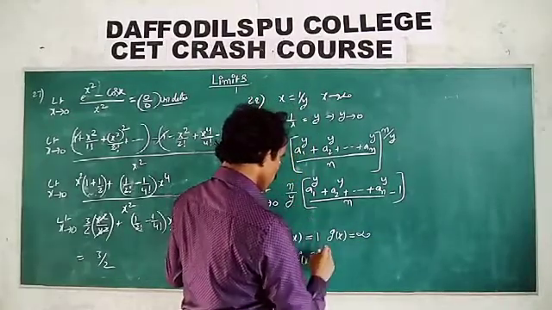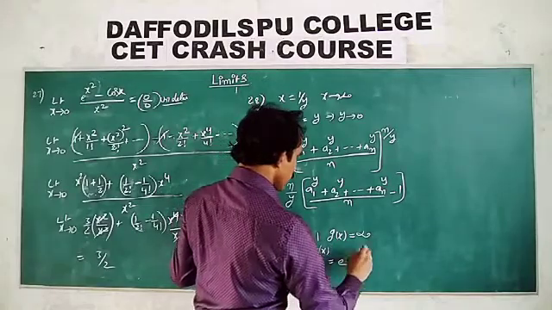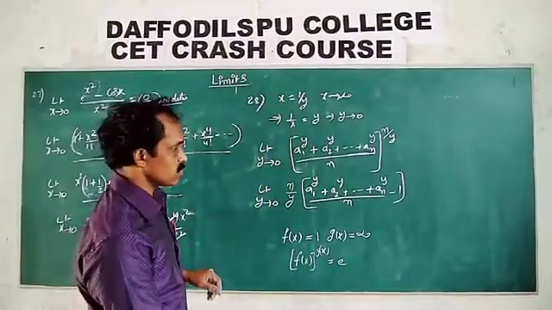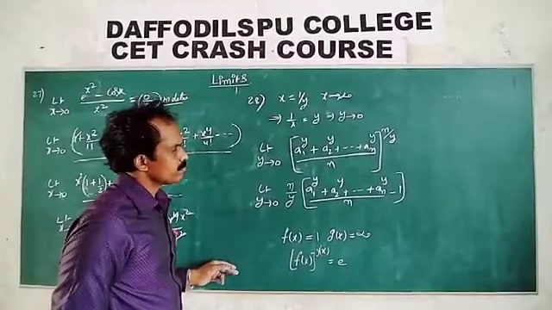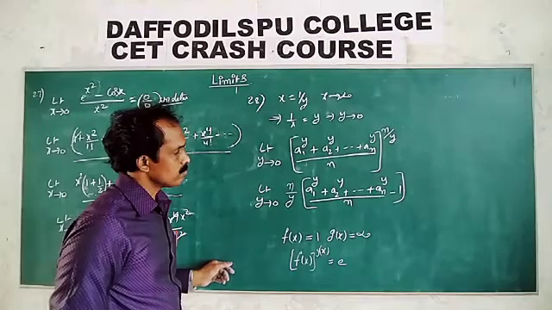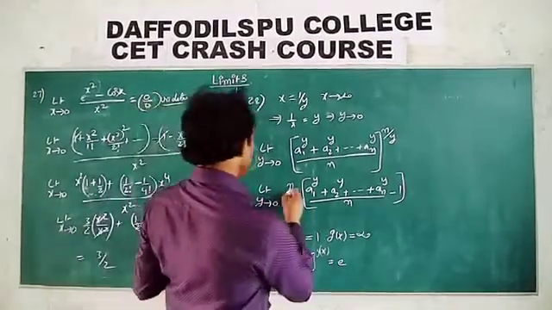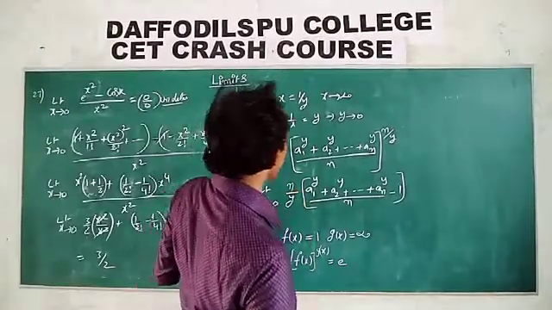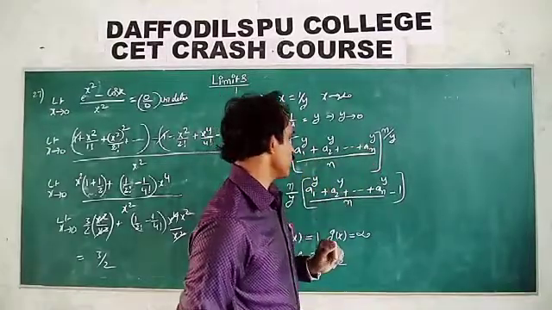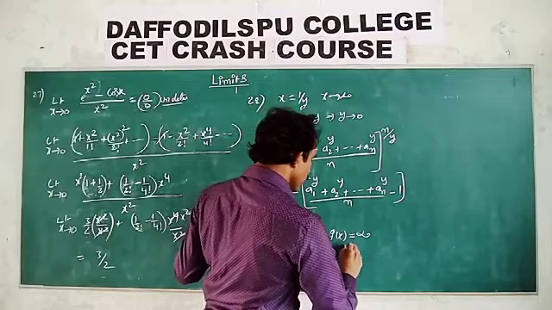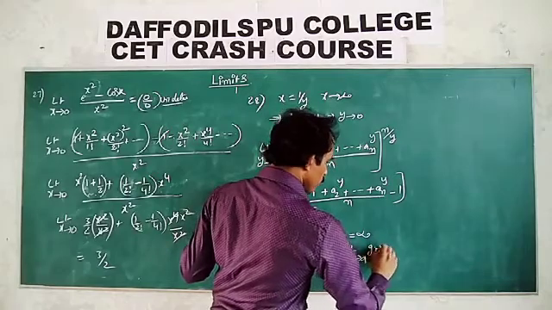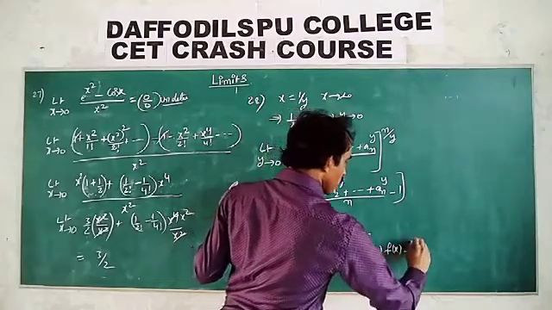Take f of x whole power g of x, then e power limit x tends to a of g of x times f of x minus 1. This is the formula.